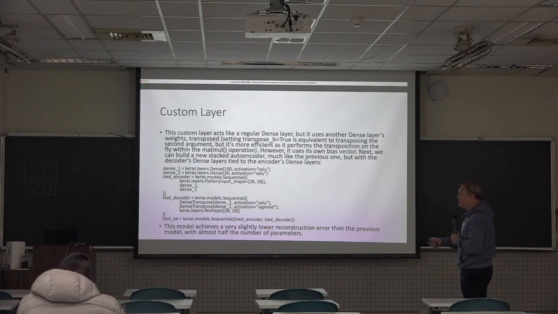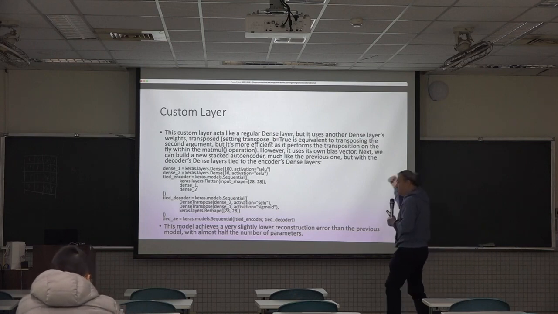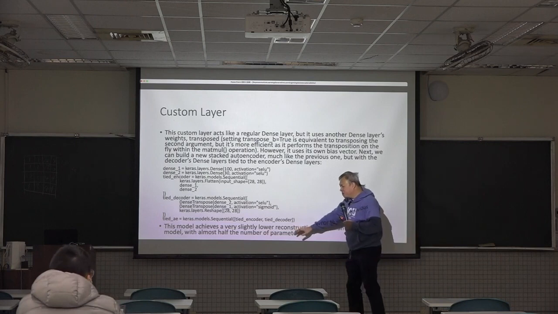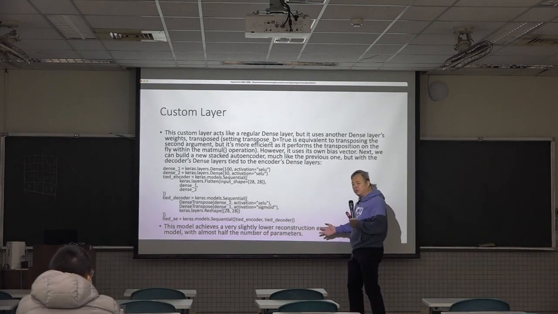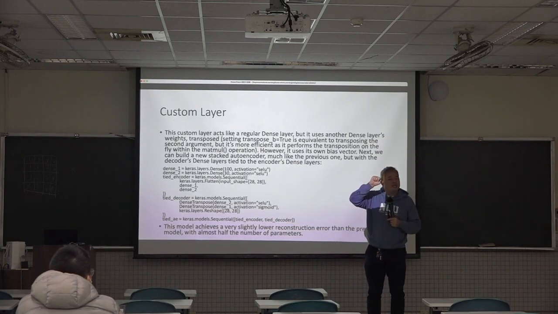This one is obviously for Fashion MNIST, just like what we did. This model achieved a very slightly lower reconstruction error, which is good, right? The reconstruction error is slightly lower than the previous version.